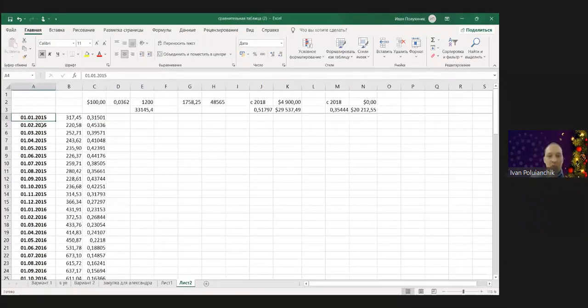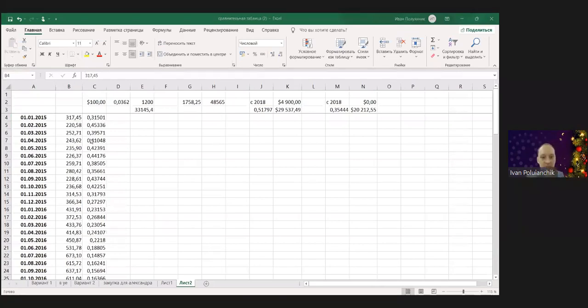Good. So look, I wrote down the Bitcoin exchange rate starting from the 1st of January 2015. And I wasn't lazy and I created my own Excel sheet. Did you ever try to write down exchange rates for any period? I recommend you do it on your own.